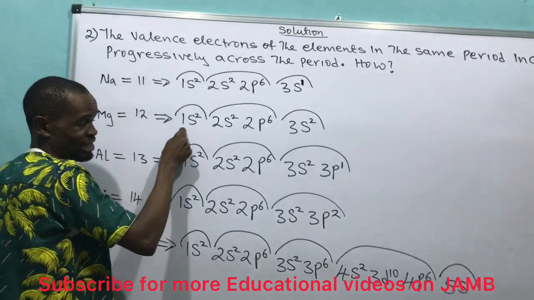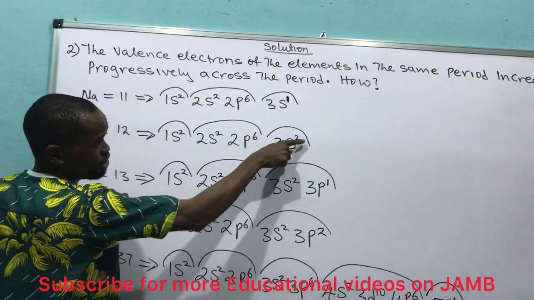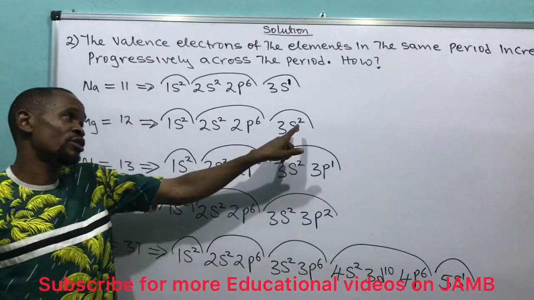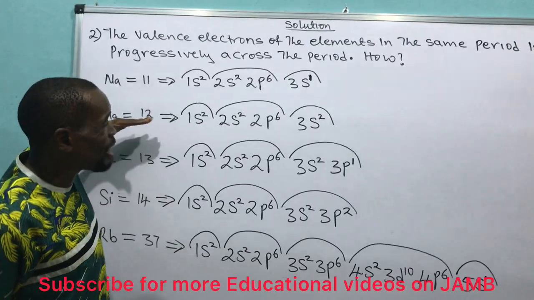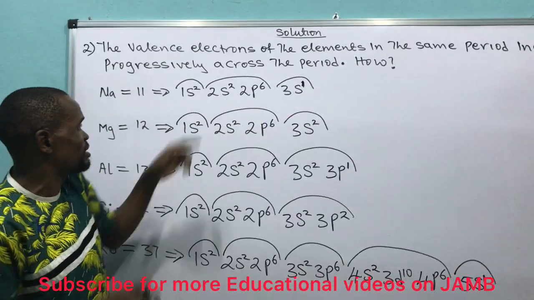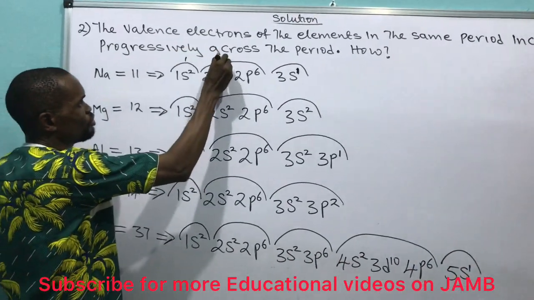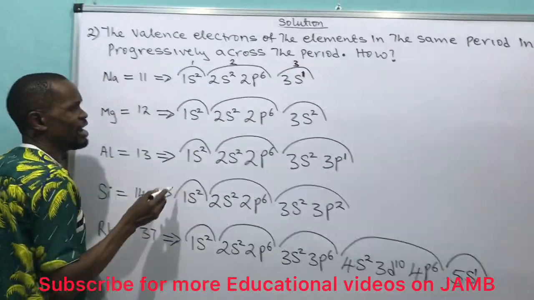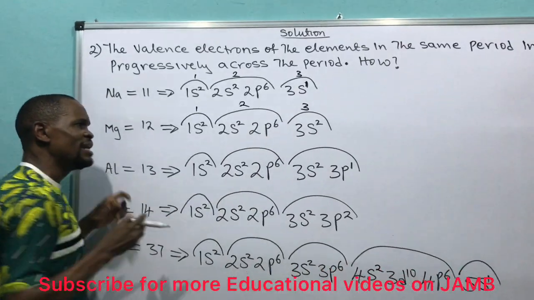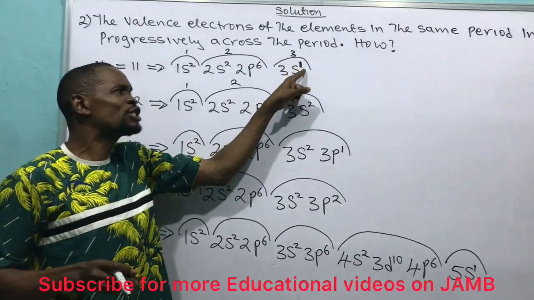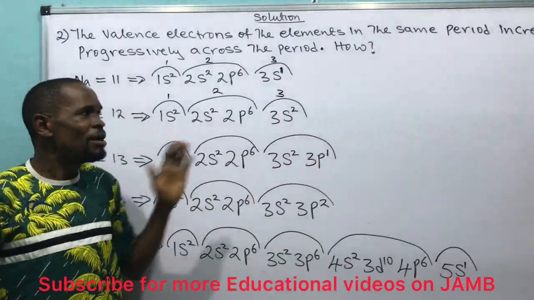Look at the first, second, and third periods, and see the electrons in the third period. You see they are increasing progressively across the period. This one is period 1, period 2, and period 3, and this one is still period 1, period 2, and the same period 3. They are in the same period 3, but the electrons are increasing.